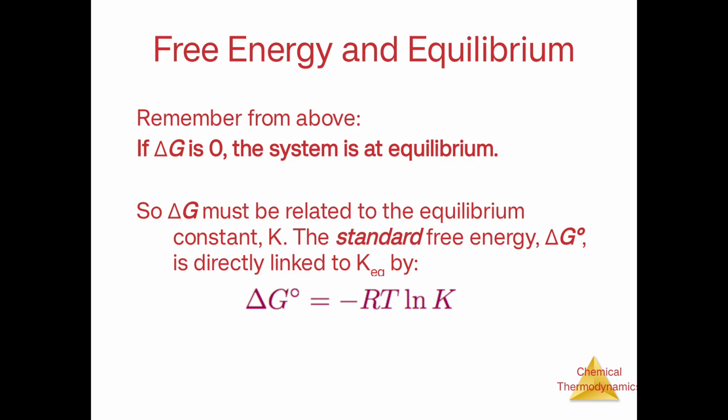So the Gibbs free energy change must be related to the equilibrium constant K. The standard free energy change is directly linked to the equilibrium constant as shown below, which means the standard free energy change is given by negative the universal gas constant times the temperature times the logarithm of the equilibrium constant.